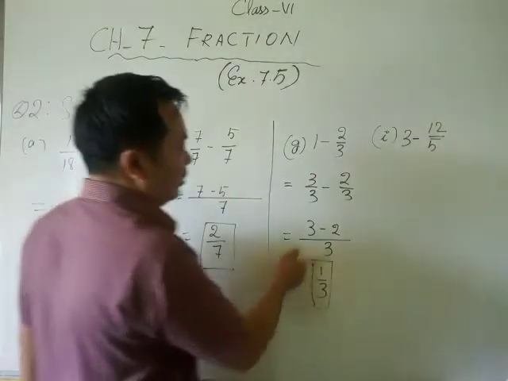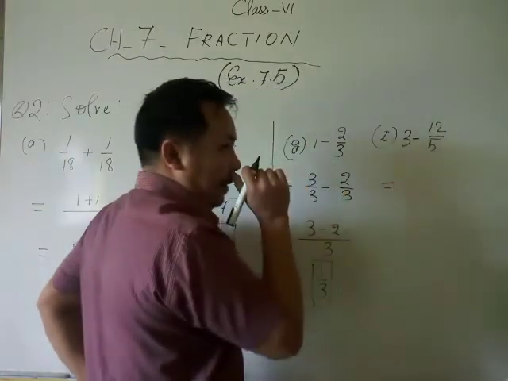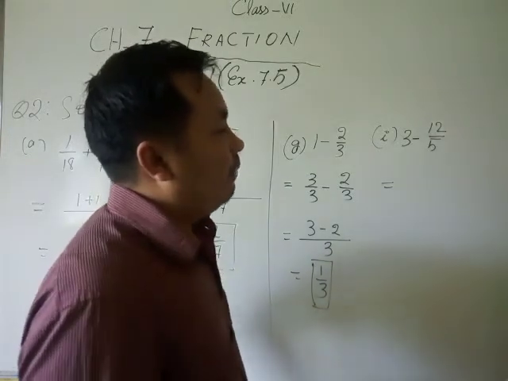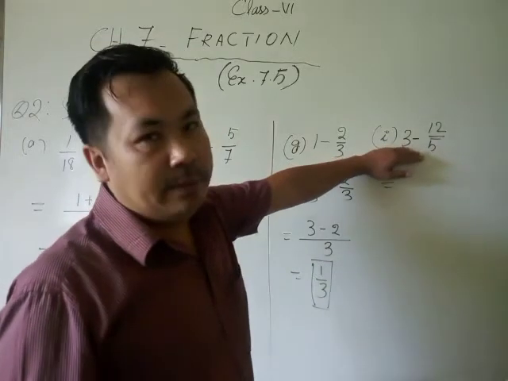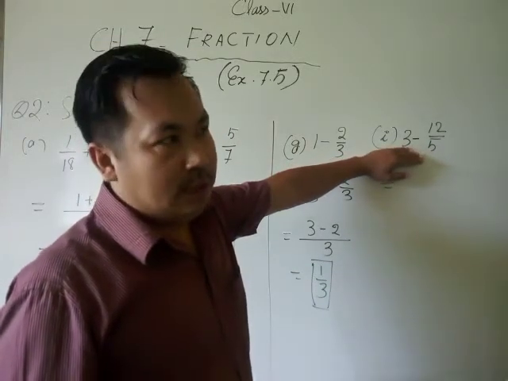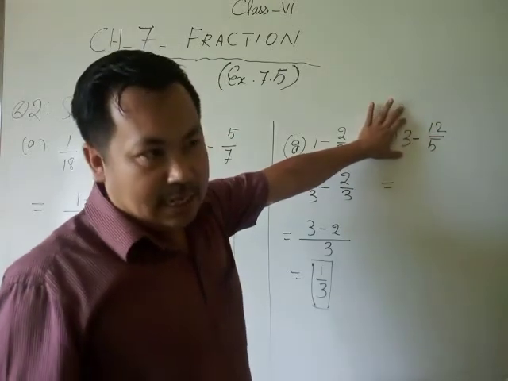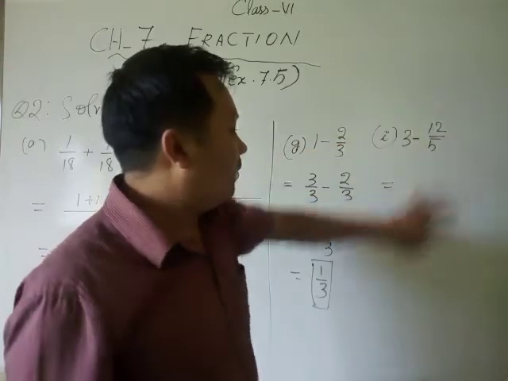So these are the answers, and now next we have here 3 minus 12 by 5. Now what we will do here? This number is not having any denominator, so we will make this number 3 as a fraction having denominator as 5.